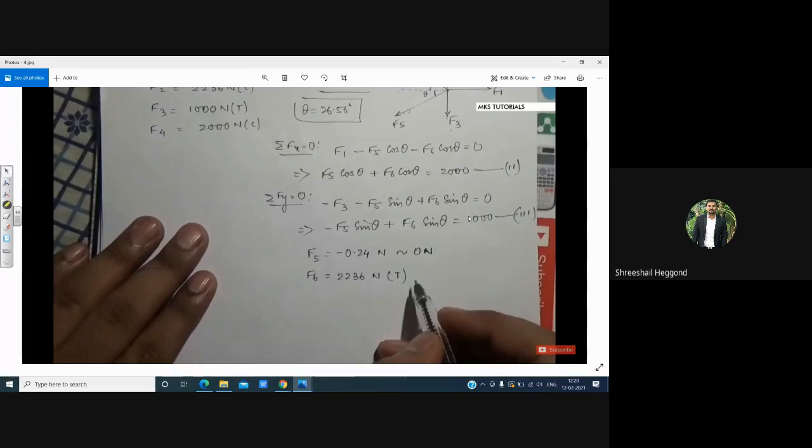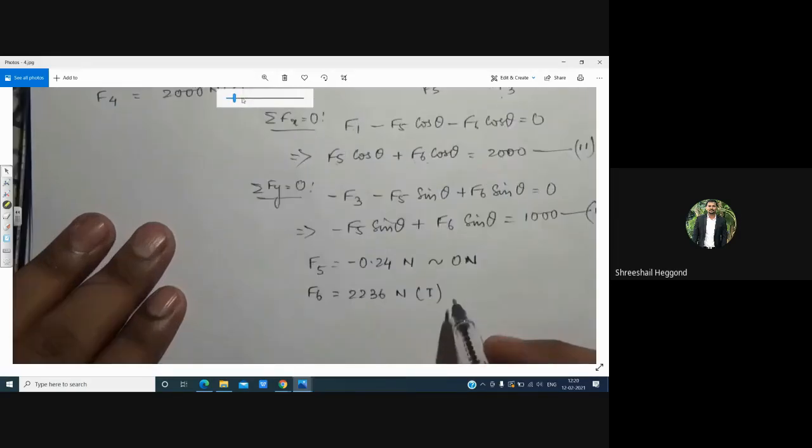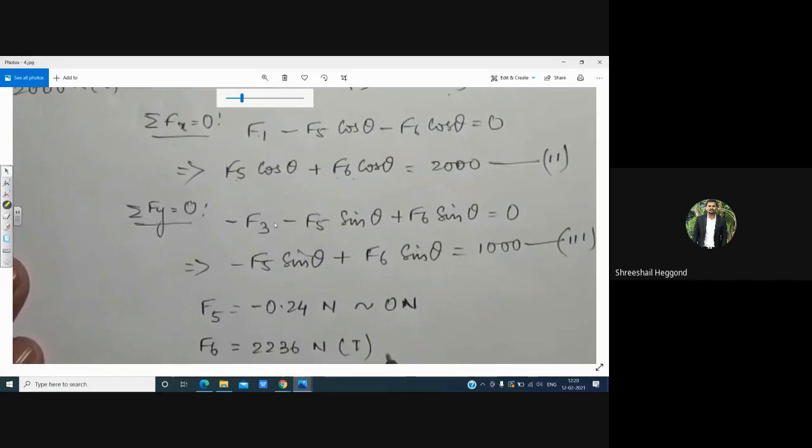It is nearly equal to 0, therefore we'll write the value to be 0. Summation of Fy leads to equation number 3, summation of Fx leads to equation number 2. Substitute both in the calculator and calculate F5 and F6, both unknown values.